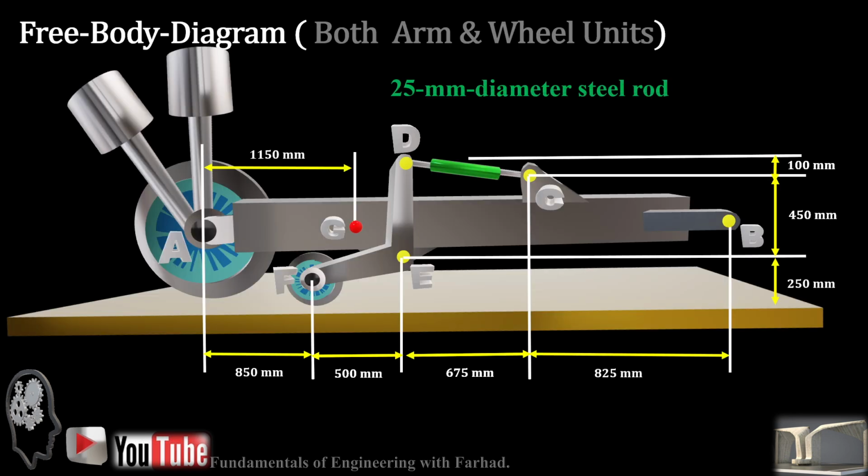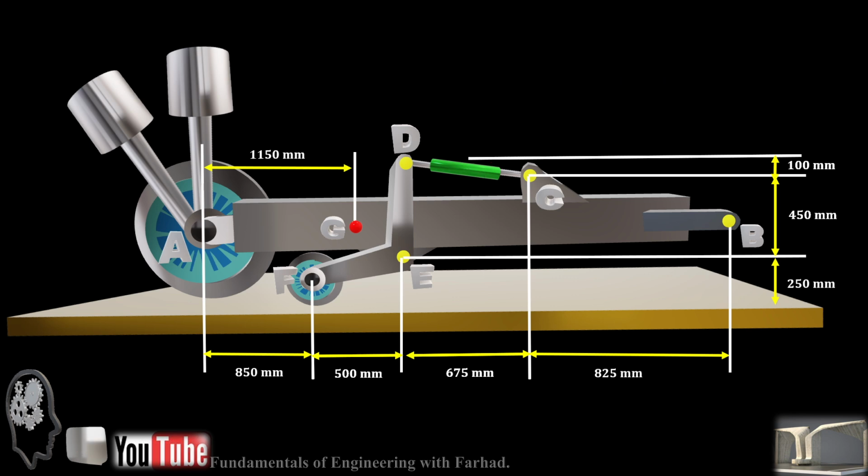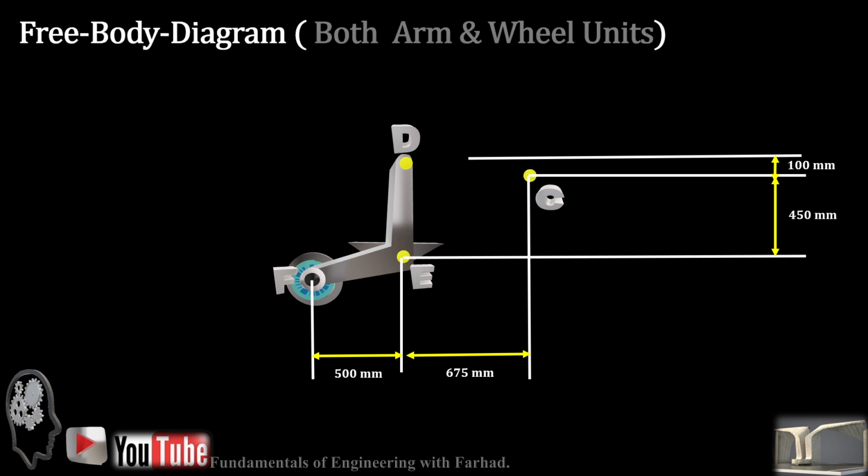So for the arm and wheel units, let's jump to the second part's free body diagram.